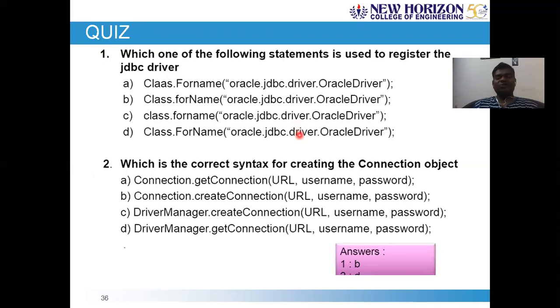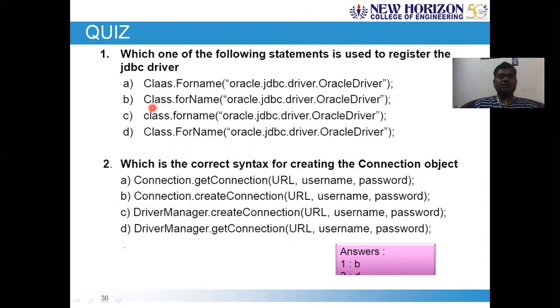So have a quick look at a couple of questions in the form of a quiz. Which one of the following statements is used to register the JDBC driver? That's fine. This is just to explore the possible ways of putting things in the form of questions. Class.forName, of course here F is caps, so it is invalid.